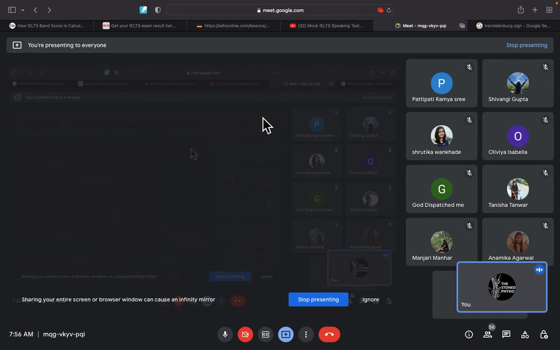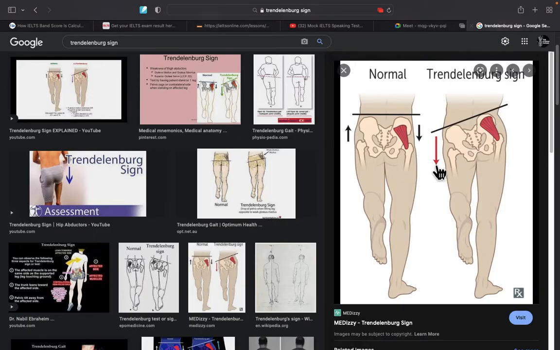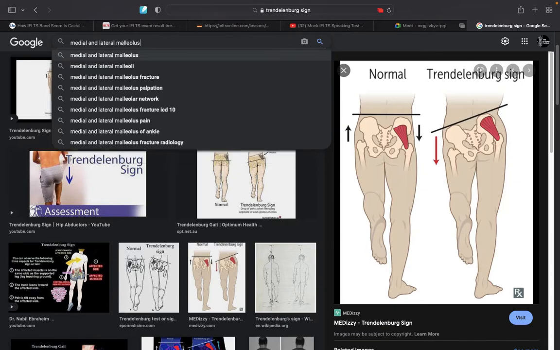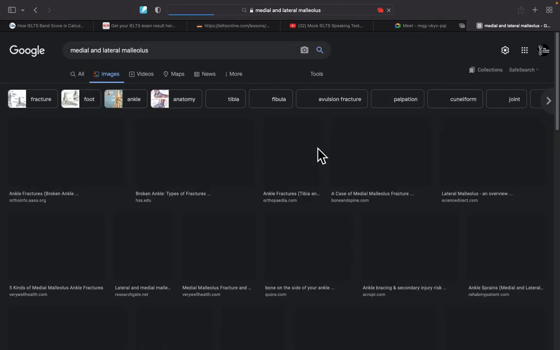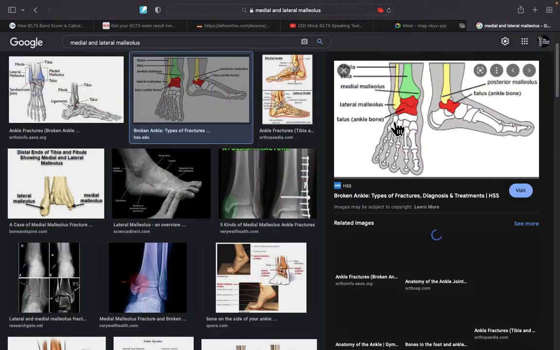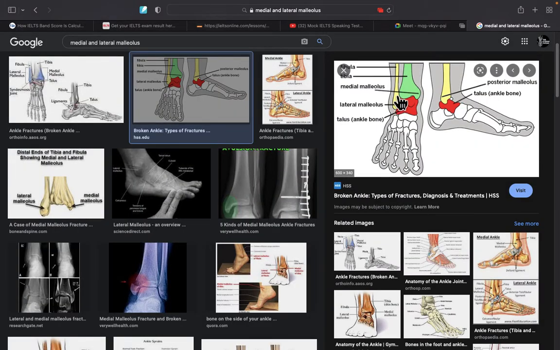And if you talk about the medial and the lateral malleoli, the tibia makes the medial malleolus and the fibula makes the lateral malleolus. I hope everyone is clear about the malleoli. हाँ. Yes, sir. ठीक है, देखो ये चीज़ है. देखो यहाँ पे हम देख सकते हैं कि this is the lateral malleolus which is a bit distal to the medial malleolus.